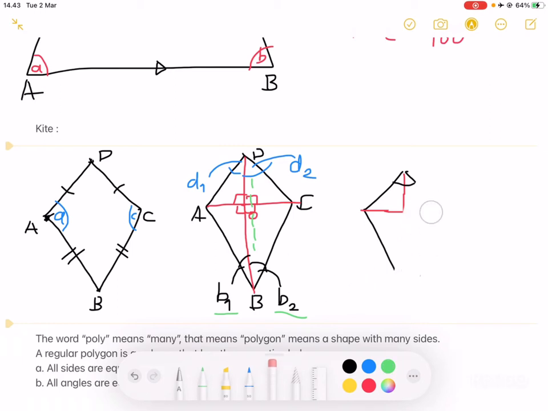So that's just a brief explanation of the properties of special quadrilaterals and all about their angles and stuff.